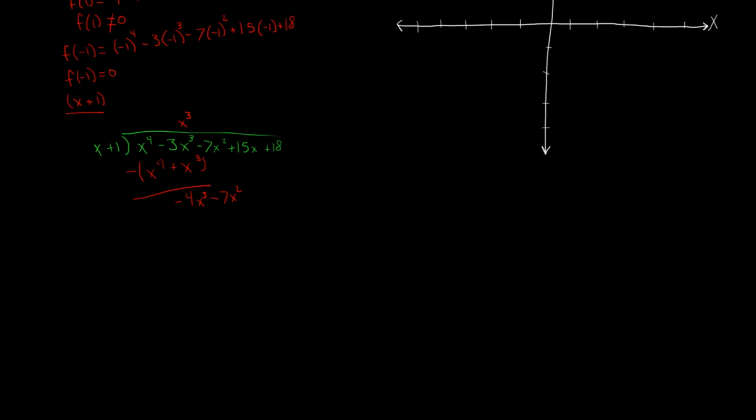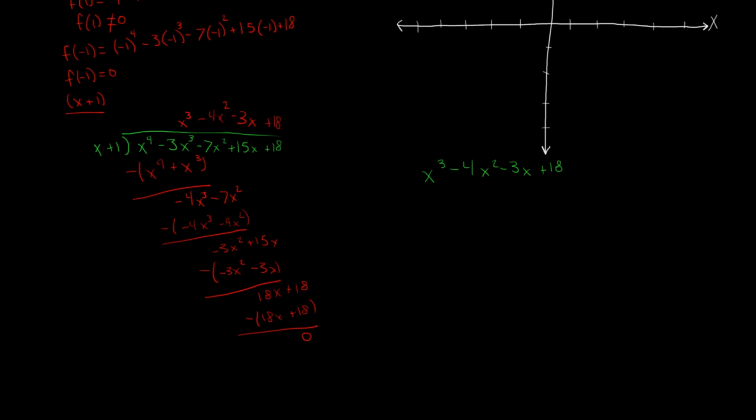So you actually have to do this for the entire thing. So I'm going to skip ahead and I'll show you what I did, and then you'll get the quotient, and then we'll work from there, because then this video will be way too long. So now if you've done that correctly, you'll get x cubed minus 4x squared minus 3x plus 18.